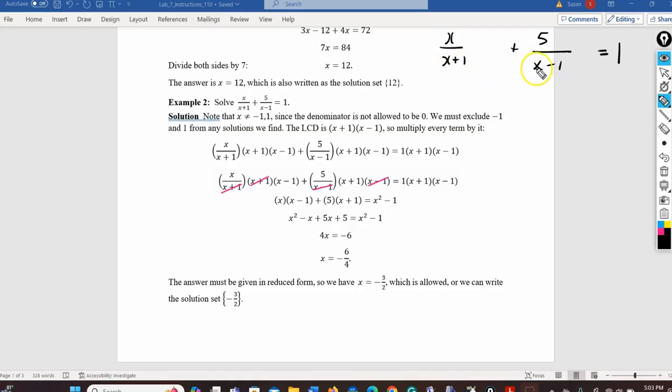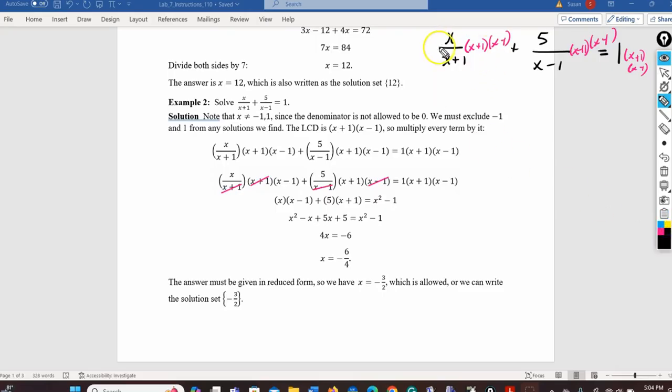what I'm going to do is I'm going to multiply everything by x plus 1 times x minus 1. So I'm going to do that in red here. And as long as I do the same thing to everything, I still have equality.